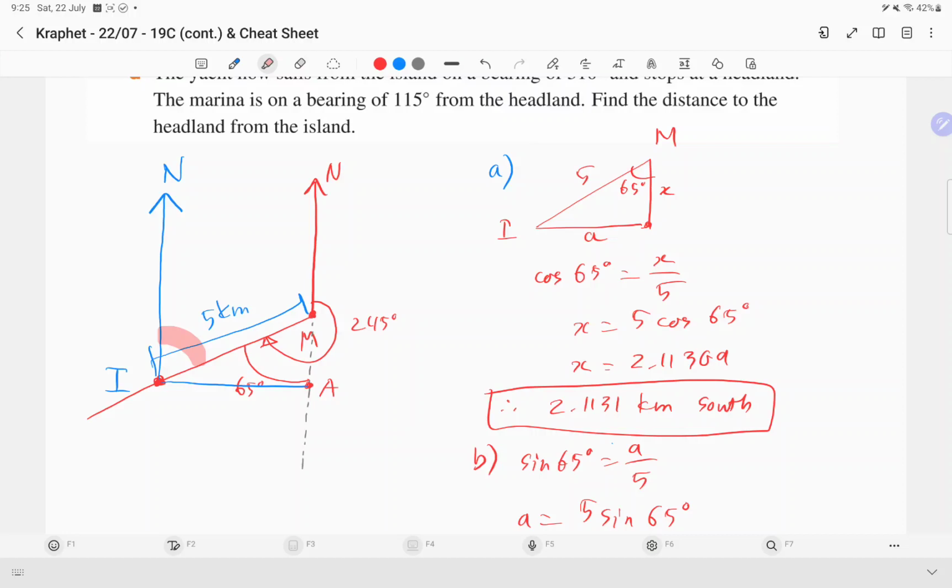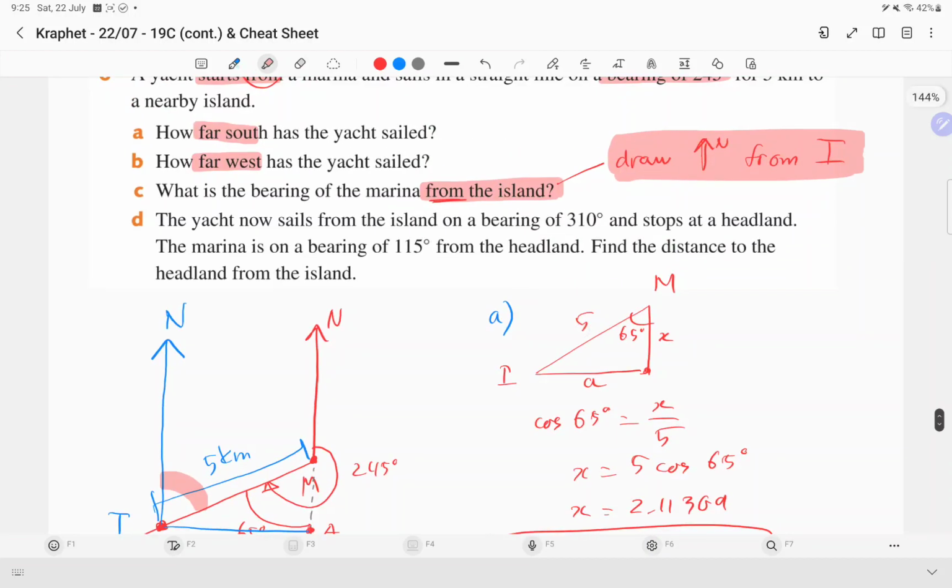Because it has to go from a north line, and the north line is from a certain point, and the point will change. I think that's what you're confused about. They will ask you for the bearing from different points, and when it's from a point, you have to draw the north line and then consider from the north line.